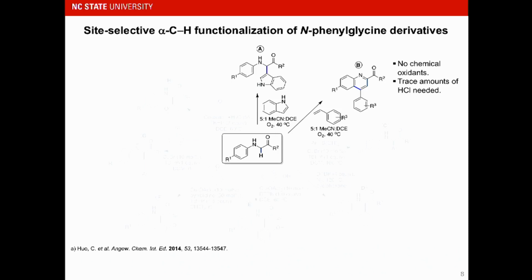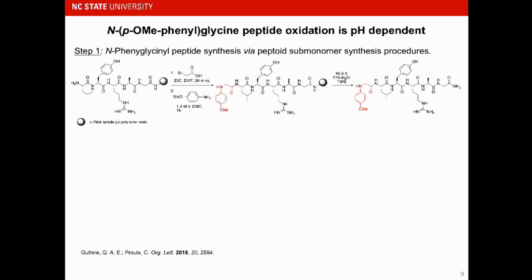So our question was, great, we can probably get this done under an oxygen atmosphere, but how acidic do we really need to be to get this reaction to go and to trigger this site-selective oxidation? And so the first thing that I asked my very first graduate student to do in the lab is to just make a test peptide, LYRAG in this case, with a wide representation of different side chains.